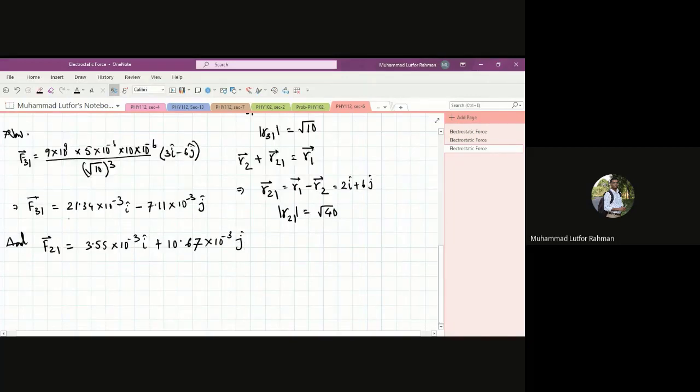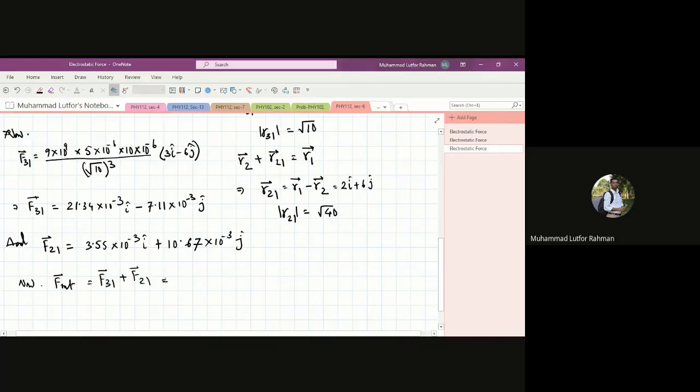Now we can find the resultant force. F net is the summation of F31 plus F21.